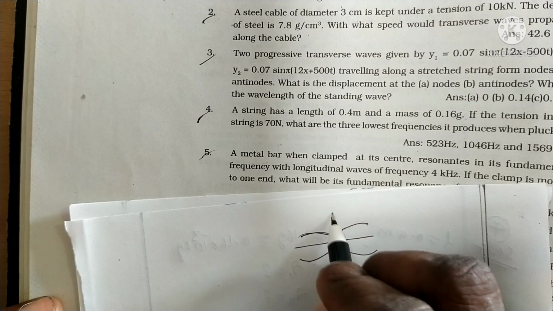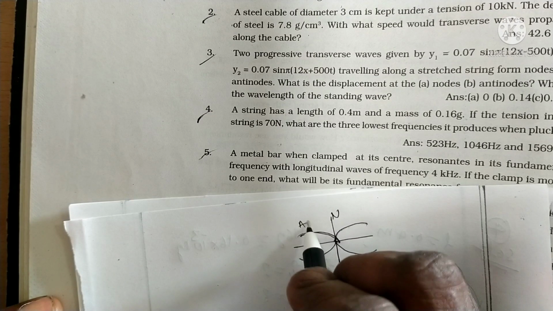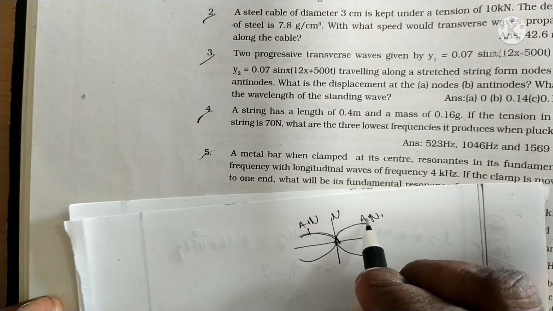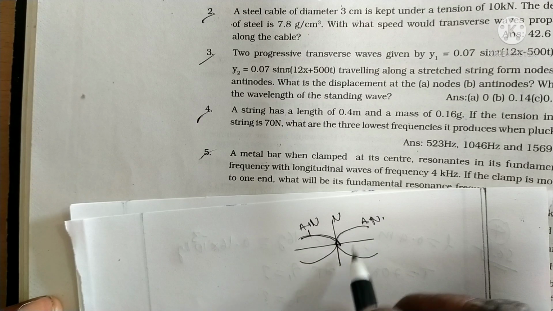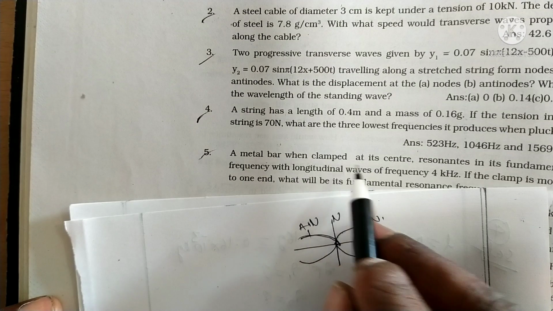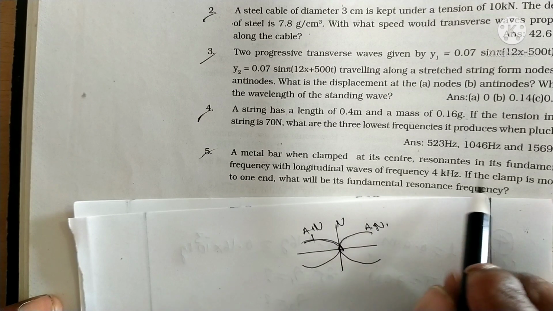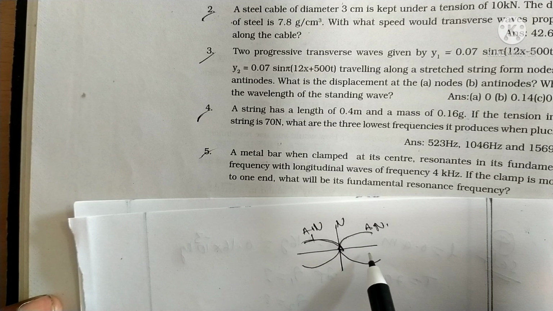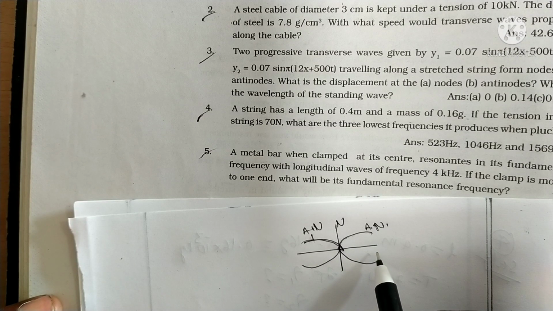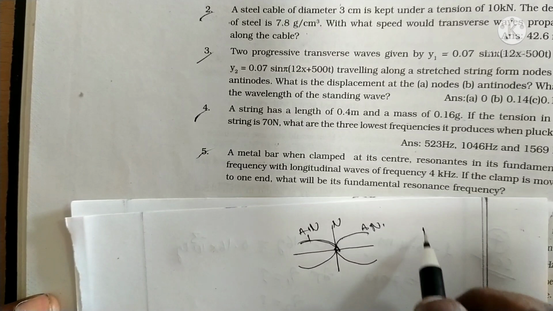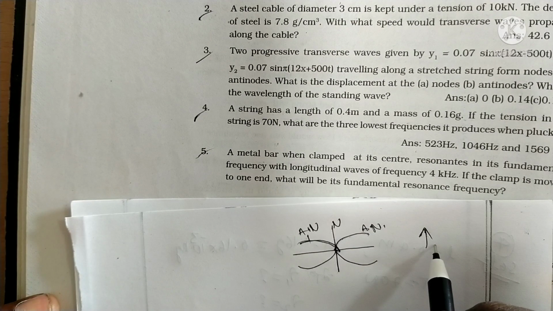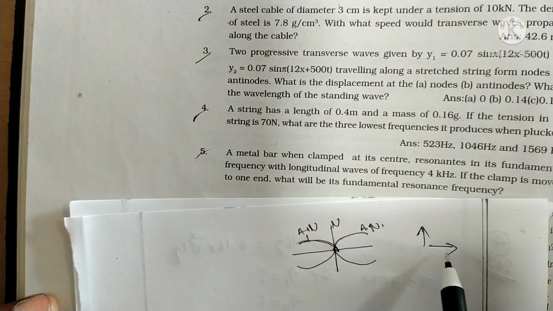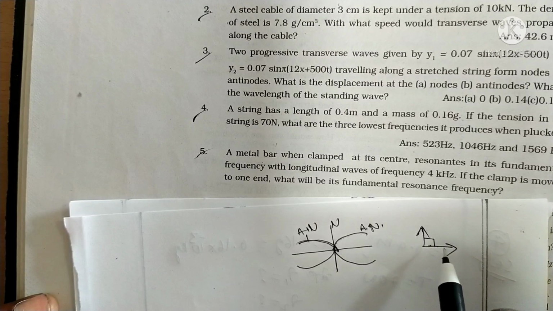This is a node, and the antinode is forming here, this is the antinode. When the metal is clamped at the center, resonance will occur with the longitudinal wave. Longitudinal wave means the propagation of the wave is parallel to the motion of the particles.